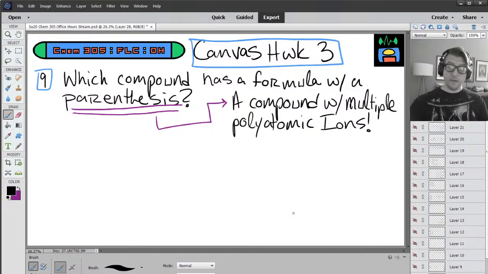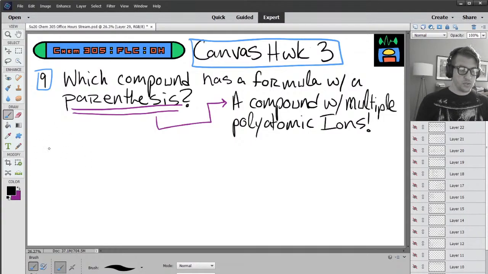That's the only type of formula that has a parentheses. So that's what we need to keep in mind. That's what we're on the hunt for as we look at these following options.